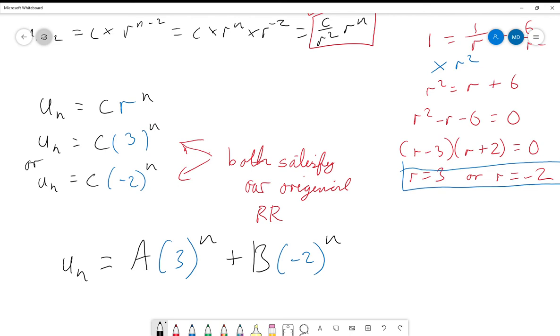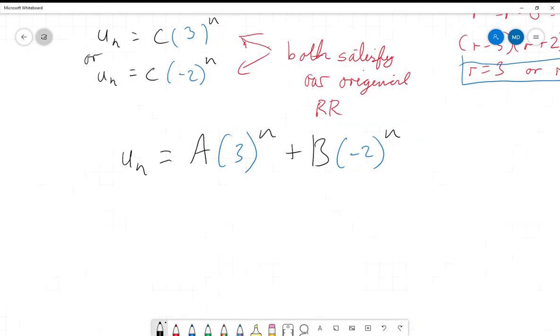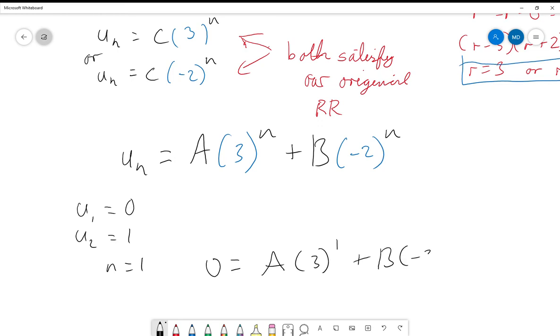And then, to finish it off, all we need to do is plug in our initial conditions, which were u1 equals 0 and u2 equals 1. And let's see what happens. So when n equals 1, we're going to end up with u1 is 0, so 0 equals a times 3 to the power of 1 plus b times negative 2 to the power of 1, which is equal to 3a minus 2b, and that's 0.